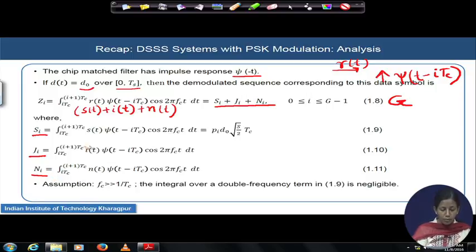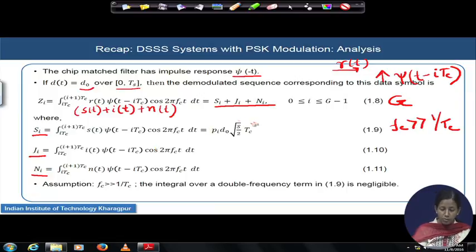In order to proceed, when we are computing the integration of the first one, equation 1.9, remember that this frequency fc, the carrier frequency of your transmission, is considered to be too high compared to the rate of the chip, such that the higher frequency terms of the cos, which come when we solve this integration, can be avoided.